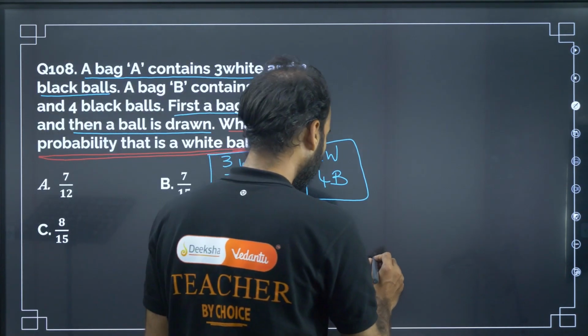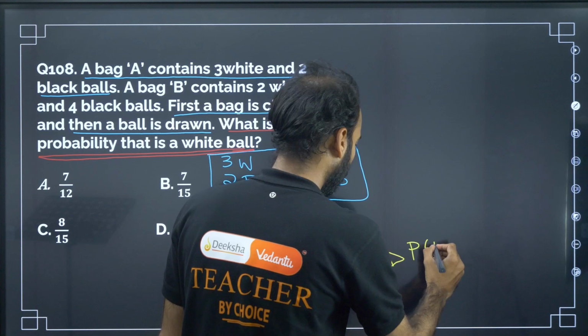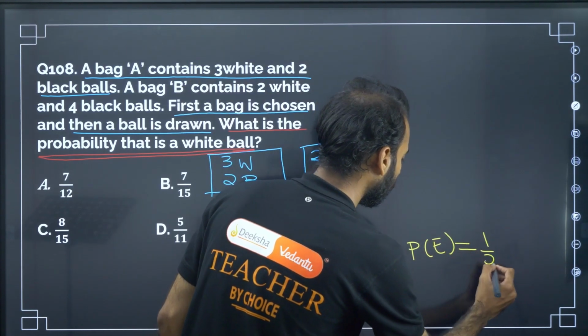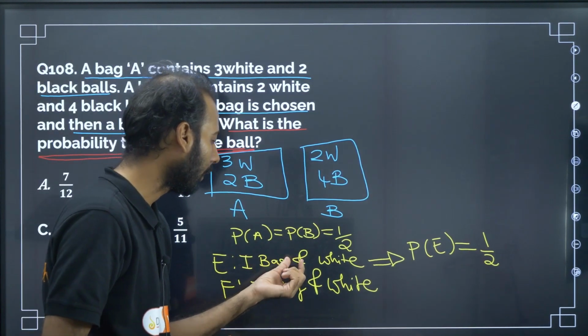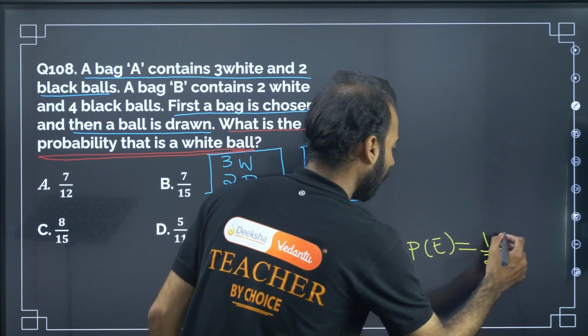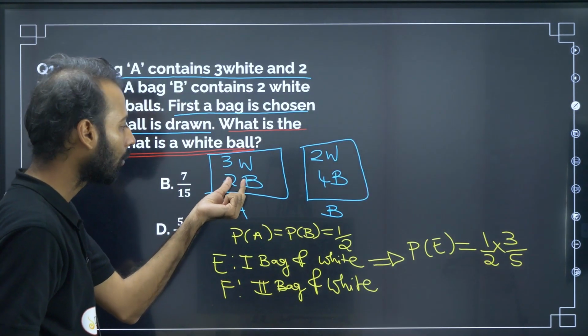So for E, probability of E is first bag 1 by 2, and in mathematical language, and means into, white ball 3 by 5. See here, totally 3 white balls are there, total 5 balls are there.